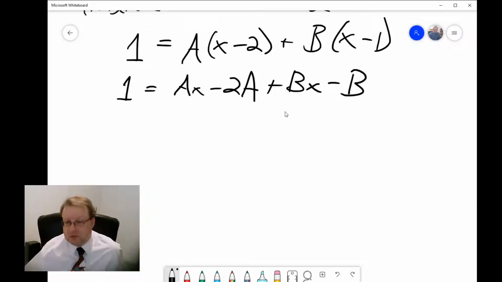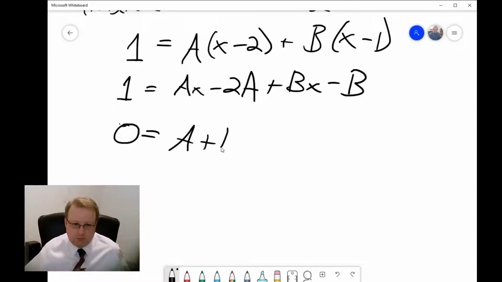But if this is going to be true, it has to be true for every possible x across the entire real axis, or at least through the entire domain. So what we can do is set up two equations. One for the coefficients of x: 0 equals A plus B, and then another for the constants: 1 equals negative 2A minus B.